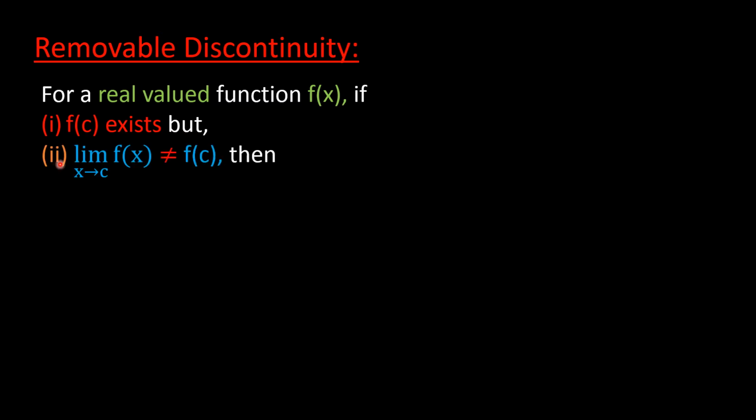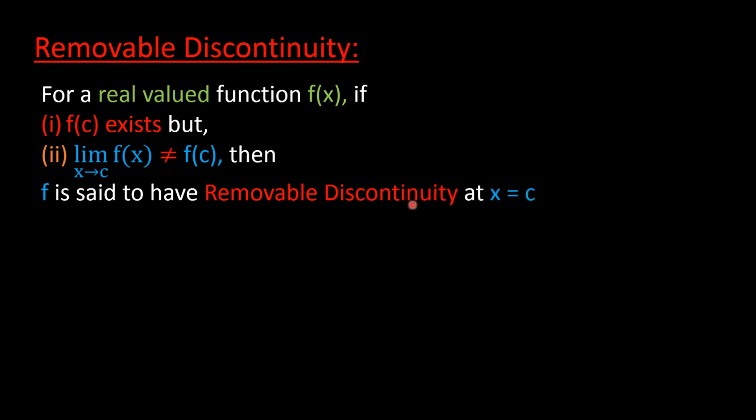For a real valued function f(x), if number 1, f(c) exists, but number 2, the limit of f(x) as x approaches c is not equal to f(c), then f is said to have removable discontinuity at x equals c.